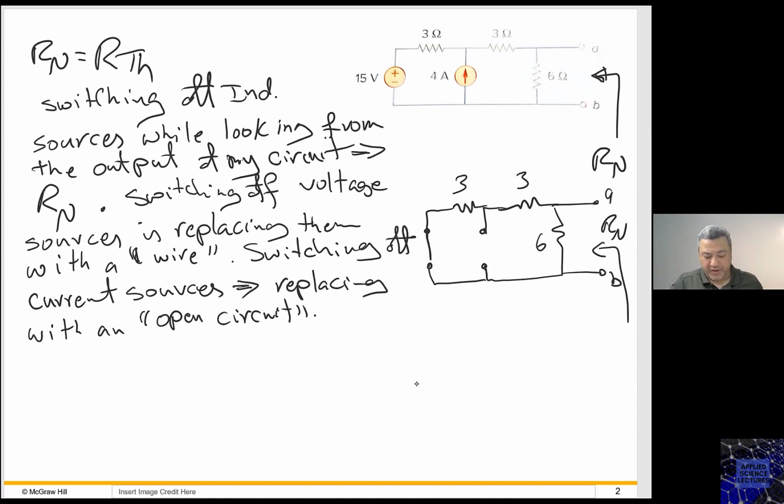Now, can somebody tell me, just by looking at this circuit, what is our Norton? I have 3 resistors that are contributing in our Norton: 6, 3, and 3. Can you tell me what is the relationship between those resistors?